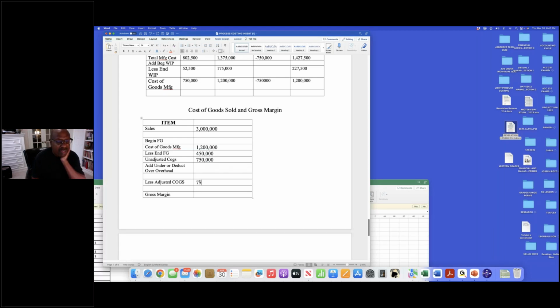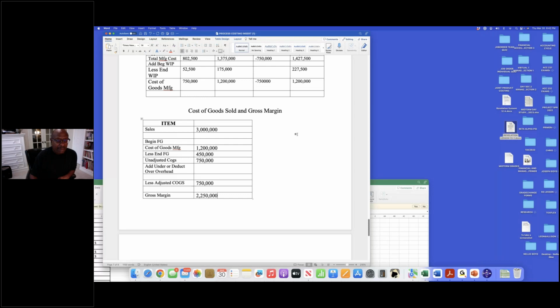So our gross margin is what? That's all we want. 2,250,000. Is that correct? Yep. So that's basically how we handle process costing. It's not as detailed, and you do have to calculate those amounts.